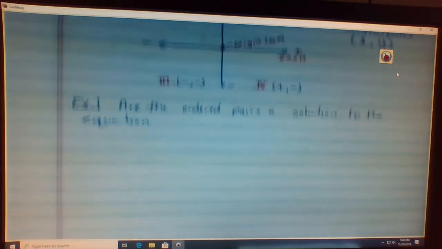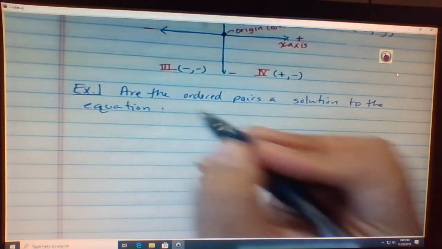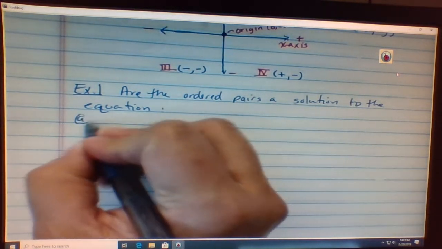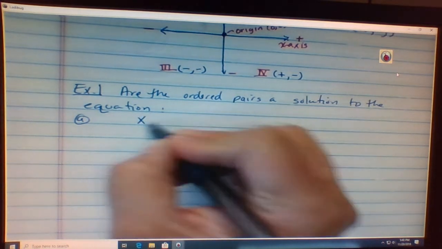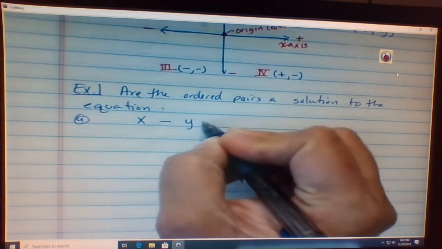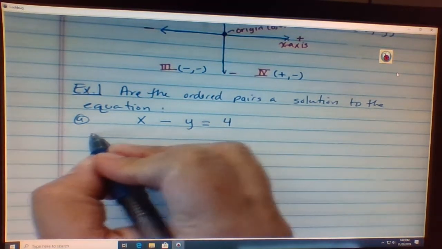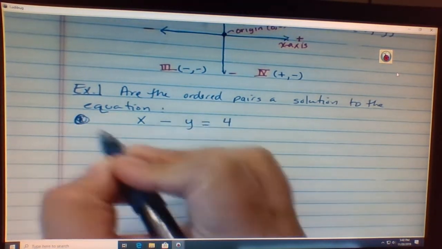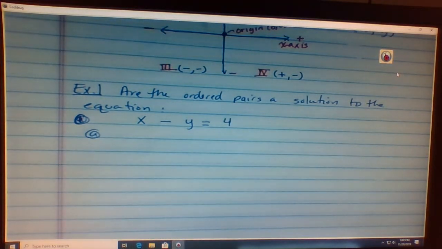So example 1, are the ordered pairs a solution to the equation? For this one, we're going to have the equation x minus y equals 4. We're going to call this problem 1 because we're going to have 2 so you can practice.